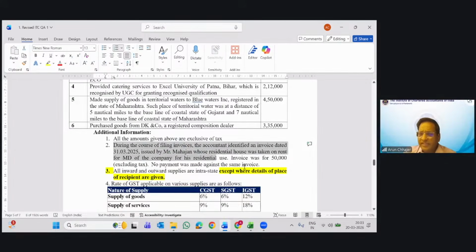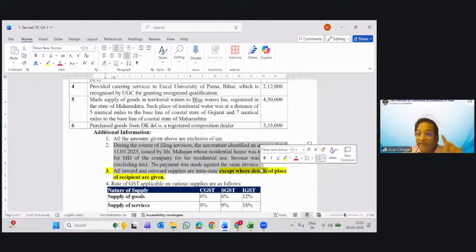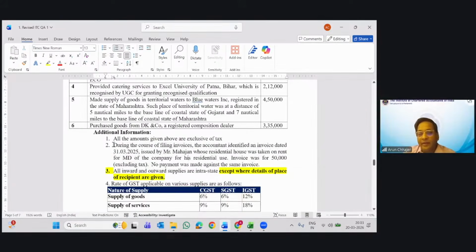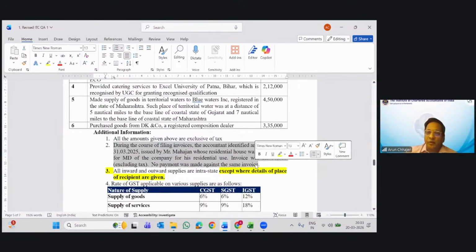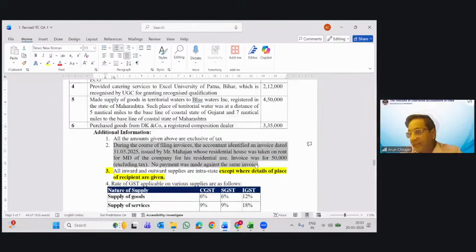What thing comes into your mind? Read this para and tell me what is the meaning or what is the outcome of this para. Is there any impact on tax liability or ITC, or is it only general knowledge, nothing else?